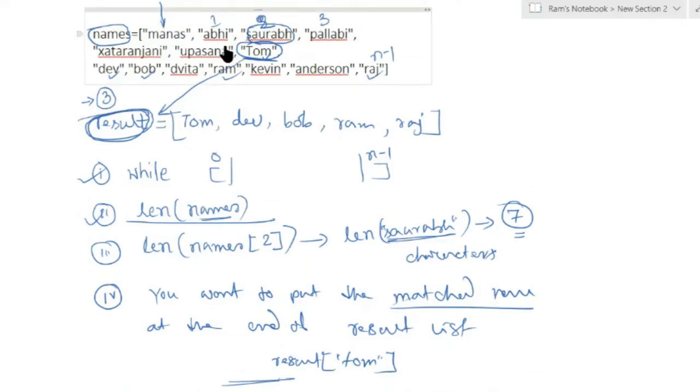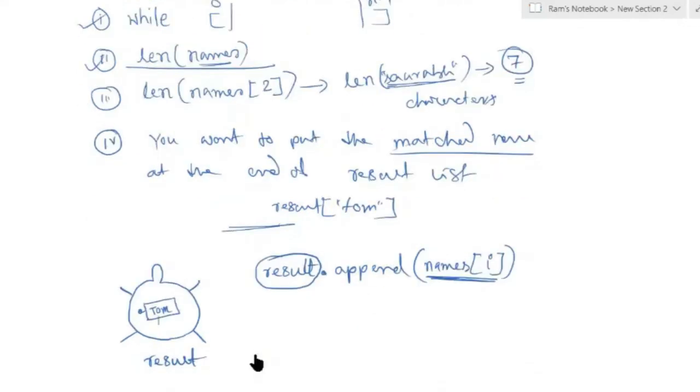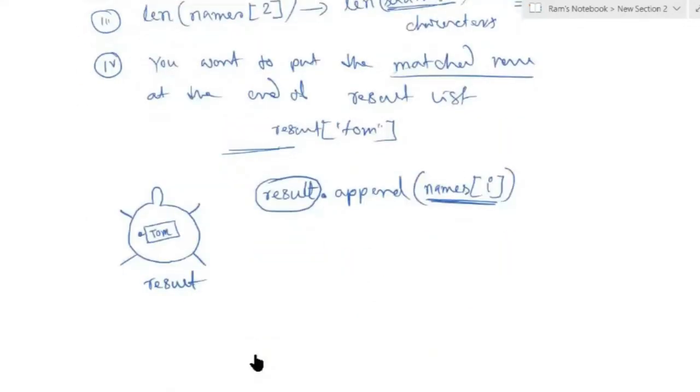If it is not a match, then we simply move to the next cell, and if it is a match, we make a copy of that value, whatever that name is, and put that copy at the end of our result list. So once the loop is over, that result list will contain all the names which have three characters in them. Since we know all the things now, let's write the code and see the output.